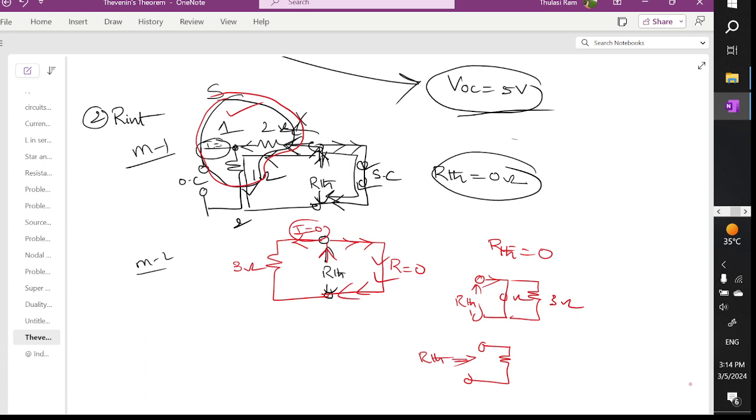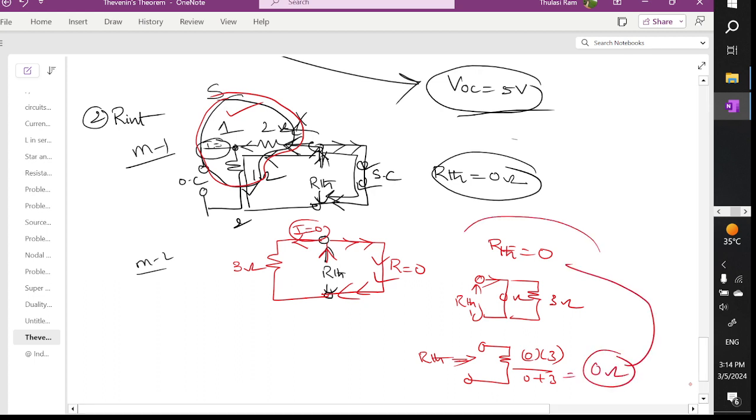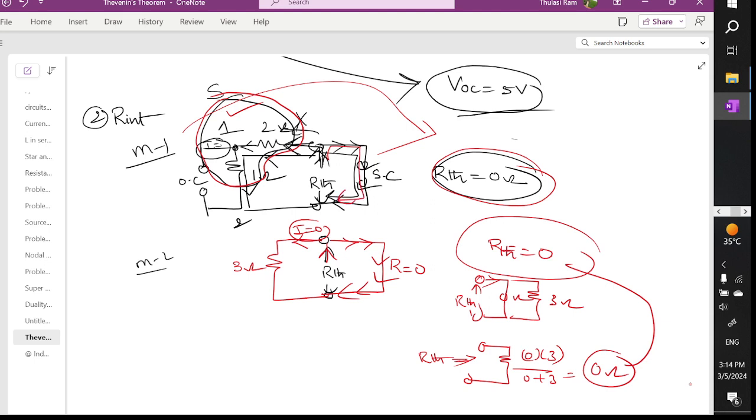If these two are connected in parallel, product of resistors divided by sum of resistors, 0 times 3 over 0 plus 3, automatically how much? 0. That's what I am saying here. Thevenin's is 0, here also Thevenin's is 0. If you use method 1, the current will flow only in the short circuit path. Current doesn't take a chance to flow like this. If it flows also, the resultant will become R equal to 0.